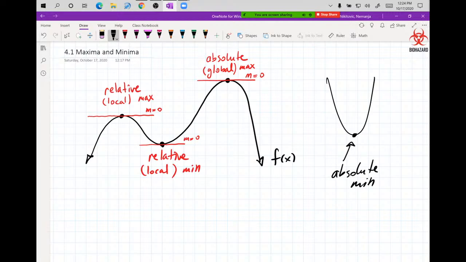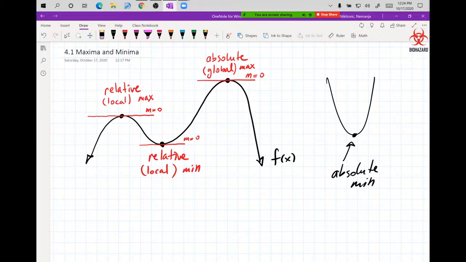So we have to be careful and differentiate between the word global and the word local. And please use common sense: this one over here is the highest point locally, but it's not the highest point globally. And the same thing, this is a minimum, which is the lowest point locally, but we can definitely find a point over here that is lower than that one, so it cannot be a global one.